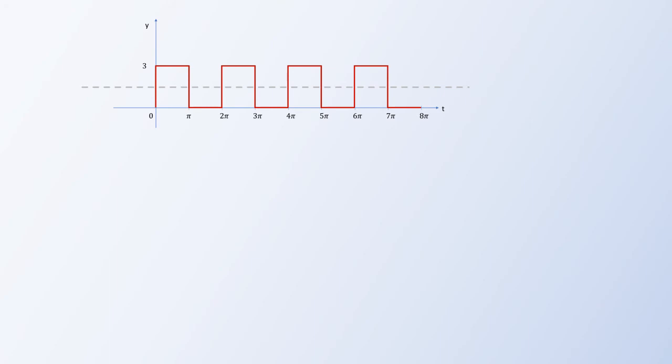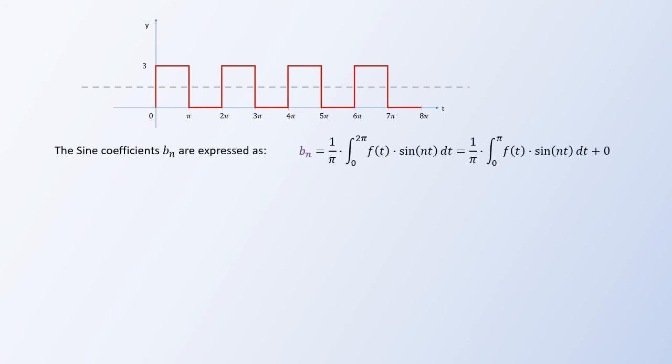Okay, so now let's look at the sine coefficients. The sine coefficients b sub n are expressed as b sub n is equal to 1 over pi times the integral from 0 to 2 pi of the function value f of t times the sine of nt dt.